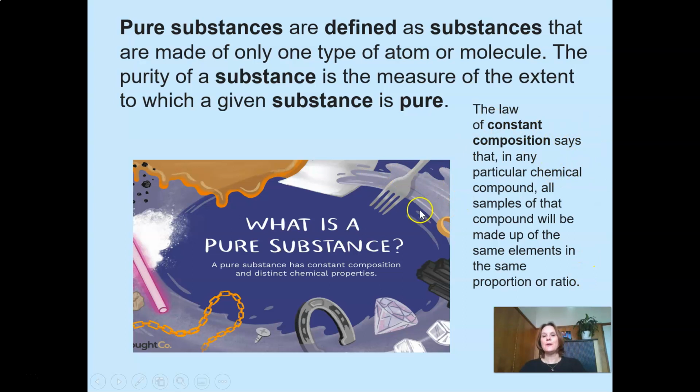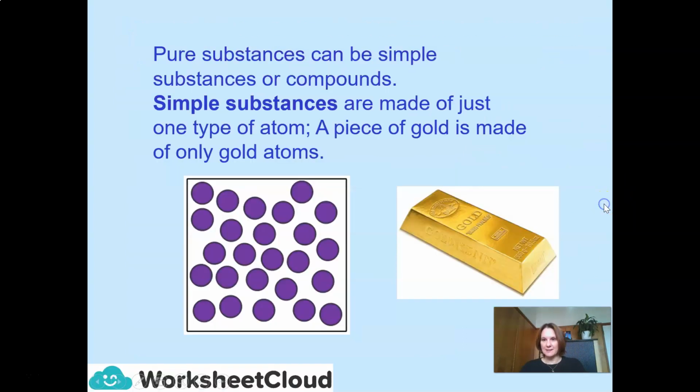Okay, so this would be examples of pure substances. Now, pure substances can be simple substances, or they can also be a compound. A simple substance is made up of just one type of atom. A piece of gold is made up of only gold atoms.